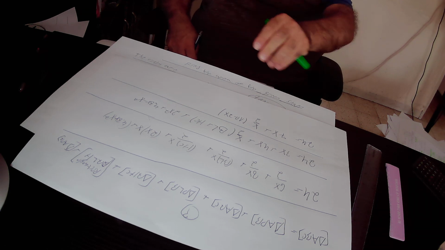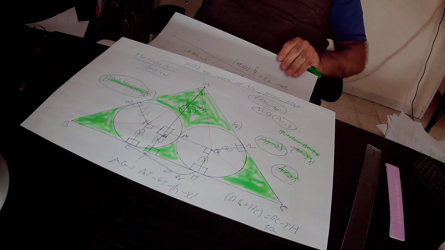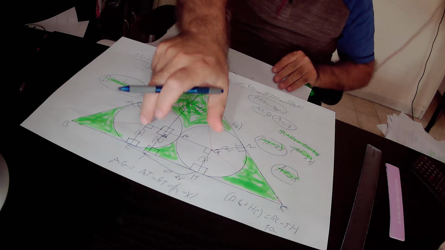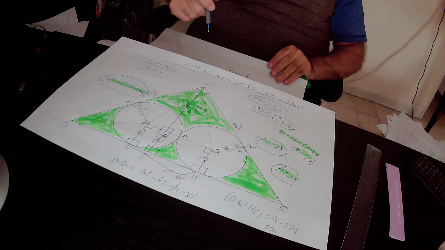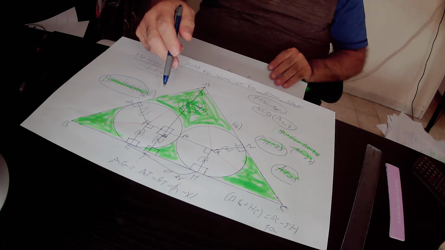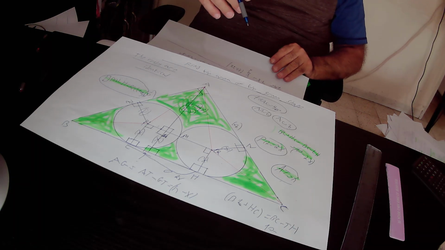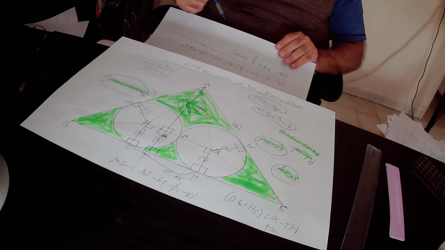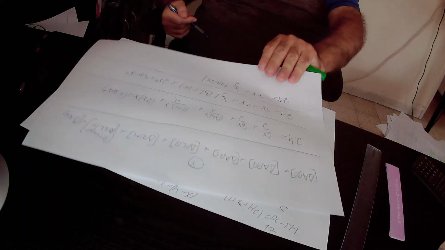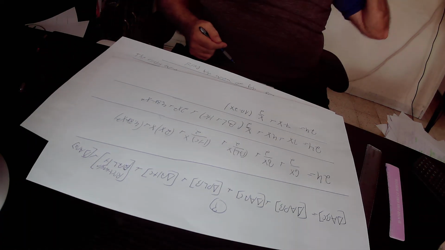Because the area of the green shape equals the area of ABC minus the area of those two small circles, and the area of a circle equals pi x squared, and x will be found by solving this equation. This way we actually finish answering the question.